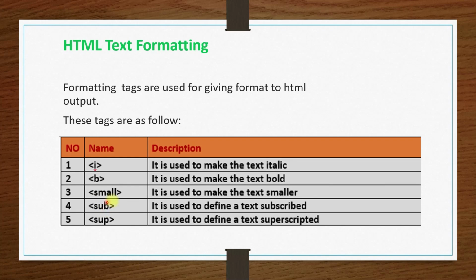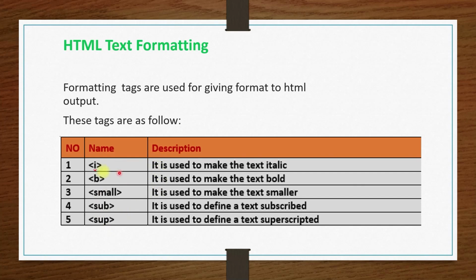Whenever you put a text inside a sub tag, it causes that text to move a little down from other texts. And if you put a text inside sup tag, it causes the text inside it to move a little higher than other texts. I will show you by an example, but right now let's read the description.